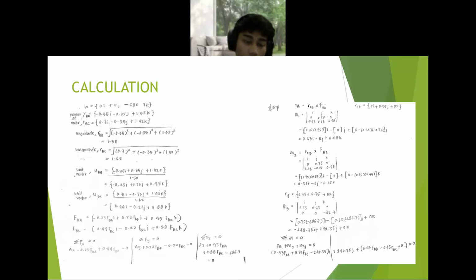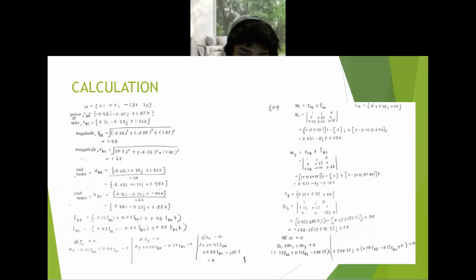Then we get the unit vector by dividing the vector by the magnitude. Then we apply the answers into the equations of equilibrium, which are summation of Fx equals 0, summation of Fy equals 0, and summation of Fz equals 0.